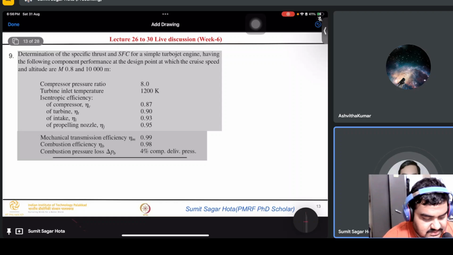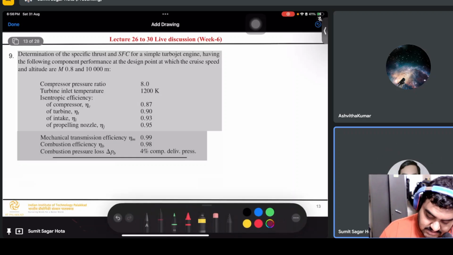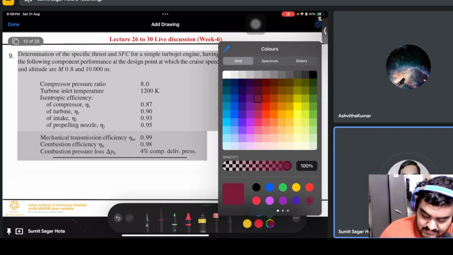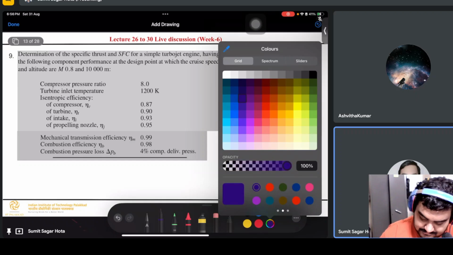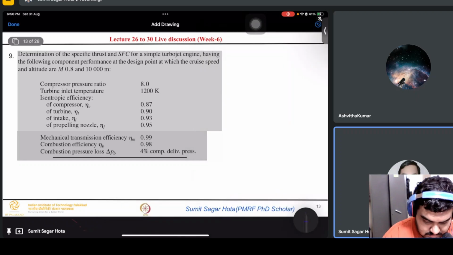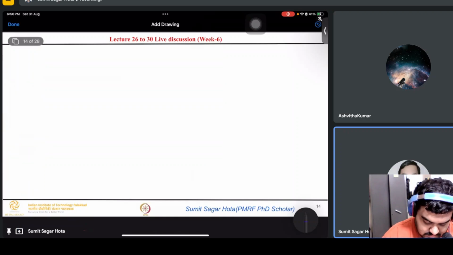This question is very simple to see, but it's not that simple to solve. So we just go through this problem slowly.